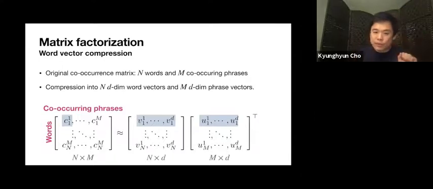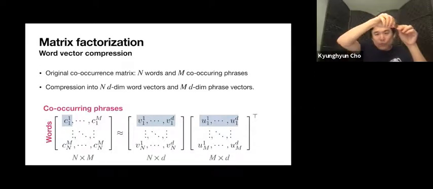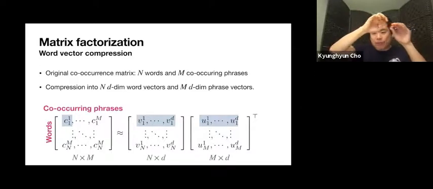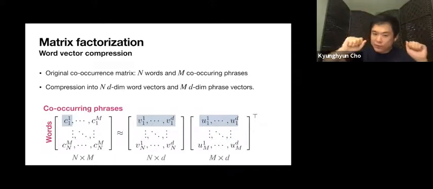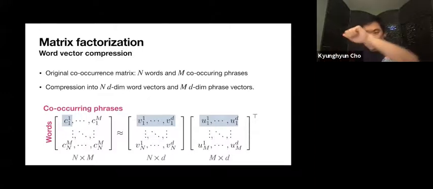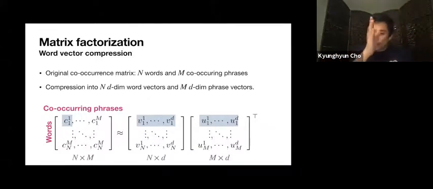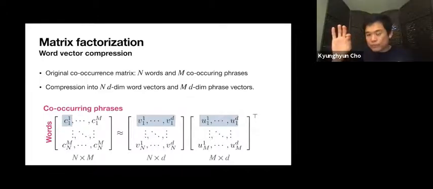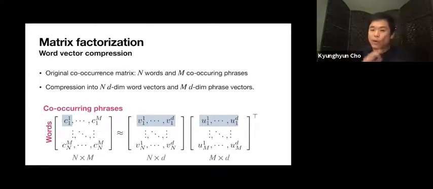The first matrix contains n many rows that correspond to n many words, and each row has only d many numbers that are not necessarily counts. The second matrix has m many rows, where m corresponds to the number of co-occurring phrases in the co-occurrence matrix, and each row again has d many numbers, where d is much, much smaller than either n or m.